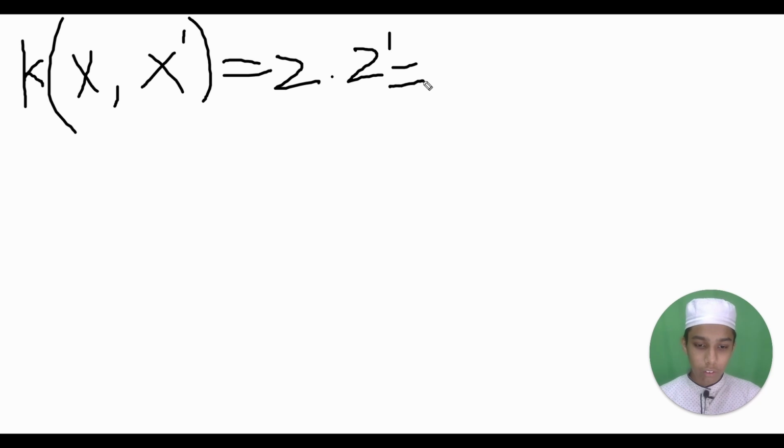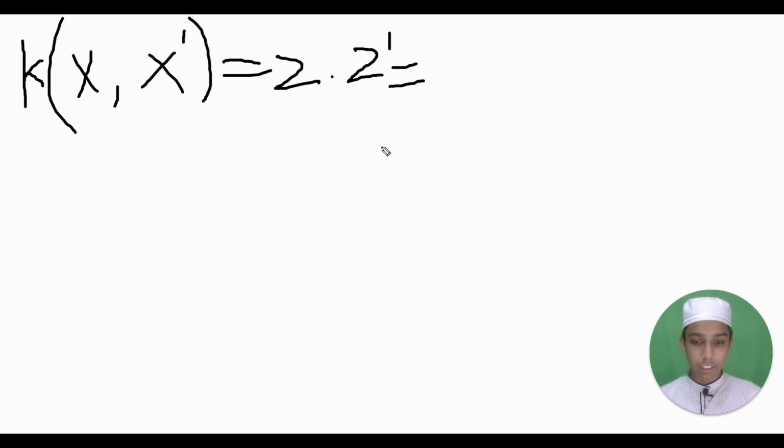So you have this question of what it is. We have simplified the problem of k of x comma x prime, which is equal to z dot z prime. Now the question is: what is z dot z prime equal to?